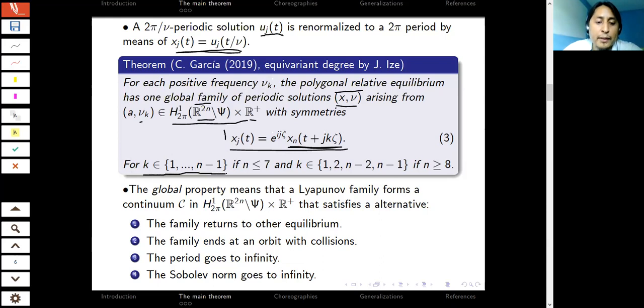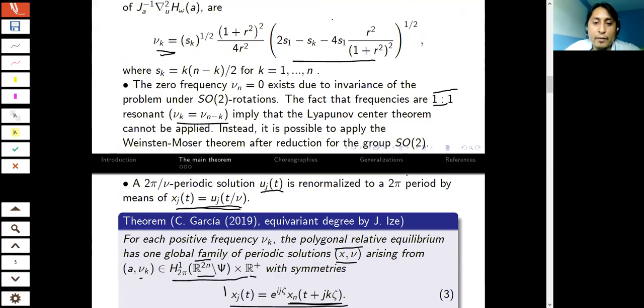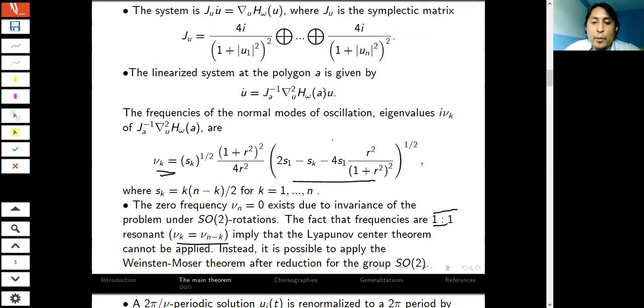cases k from 1 to n-1 if n is less or equal than 7, and k equal to 1, 2, n minus 2, and n minus 1 if n is bigger than 8. This is related with the fact that, of course, the linear stability of the polygon, right, the polygon is not going to be nonlinearly stable unless all the frequencies are real.